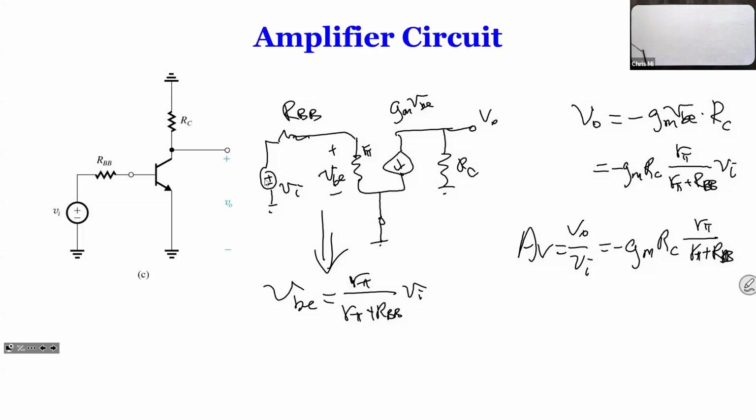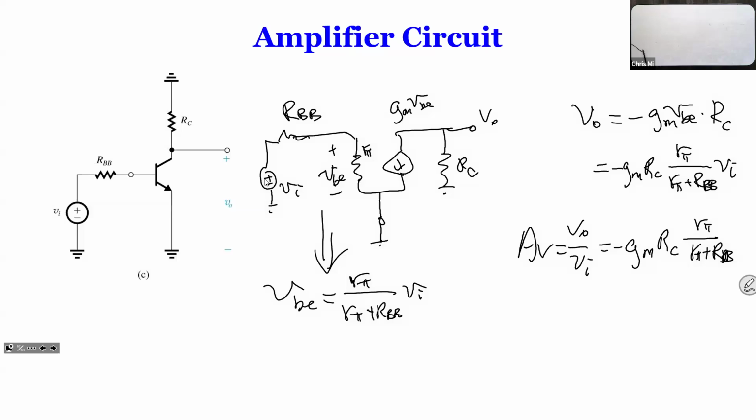So this is why, when you go to design a voltage source, you want the voltage source to have minimum internal resistance, that's better. But for the actual amplifier, a big resistance is good, which means a big R pi is good. A small R pi is not good.